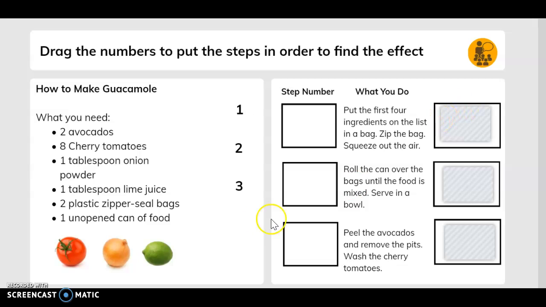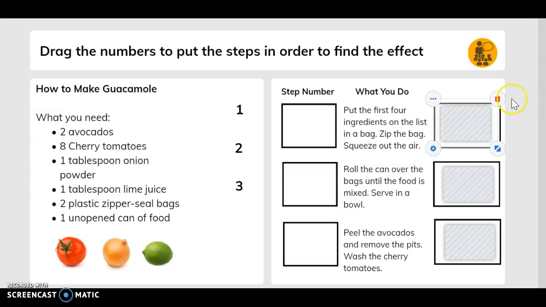So what you'll need is 2 avocados, 8 cherry tomatoes, 1 tablespoon onion powder, 1 tablespoon of lemon juice, 2 plastic zipper seal bags, and 1 unopened can of food. So we have to put the steps in order.